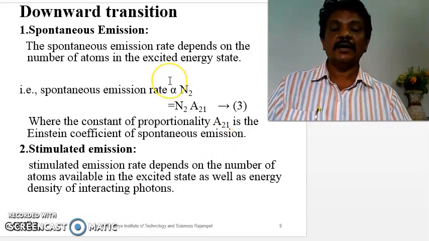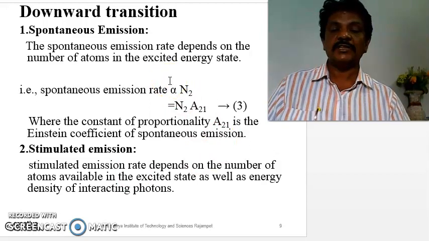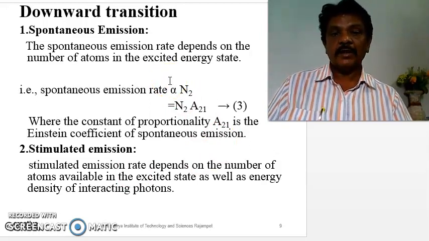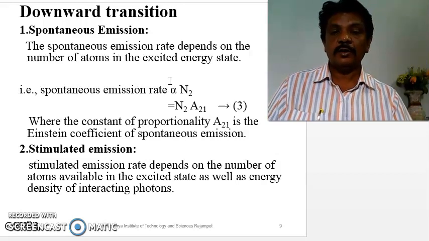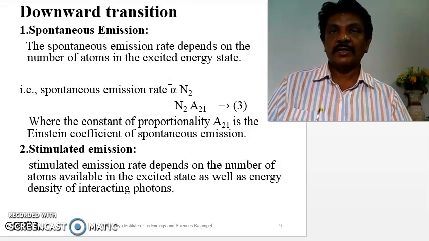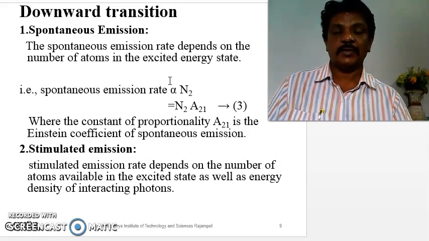Once the electron is present in the excited state, it will not stay there for a long time. After that, it has to come down by means of two downward transitions: one is spontaneous emission, the other is stimulated emission. Let us take the energy by spontaneous emission.